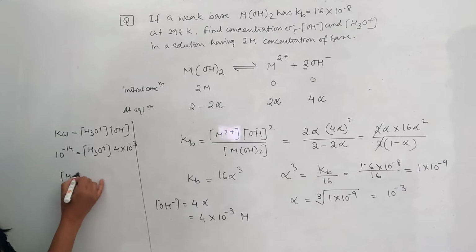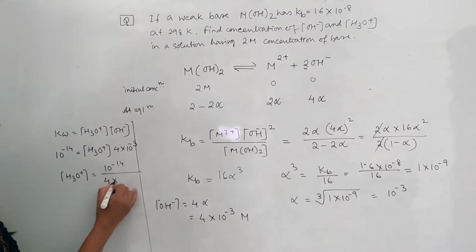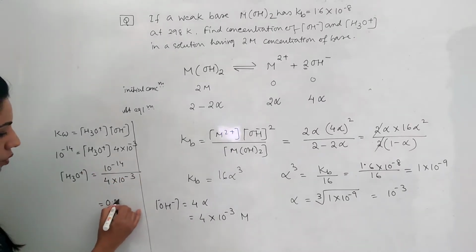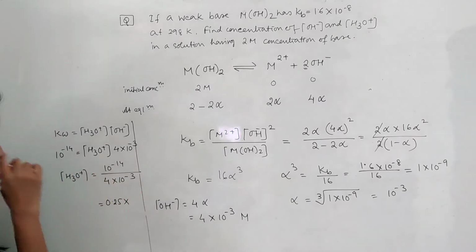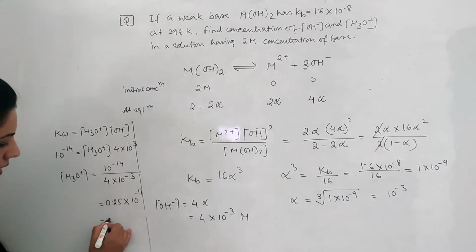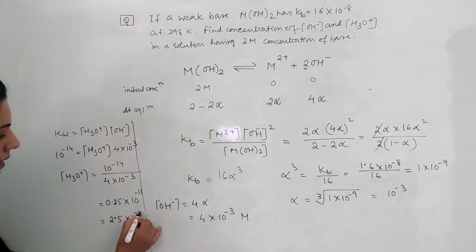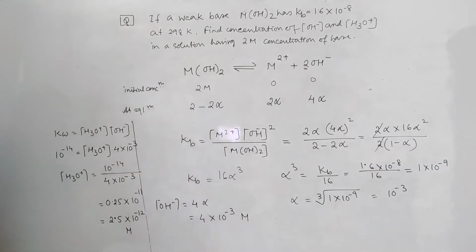Therefore, concentration of H3O plus is 10 raised to power minus 14 divided by 4 into 10 raised to power minus 3. Now, 1 by 4 means it is 0.25. 10 raised to power minus 14 plus 3 will give you 10 raised to power minus 11. So, I'll shift the point 1 digit, so 2.5 into 10 raised to power minus 12 molar. This is the concentration for H3O plus.